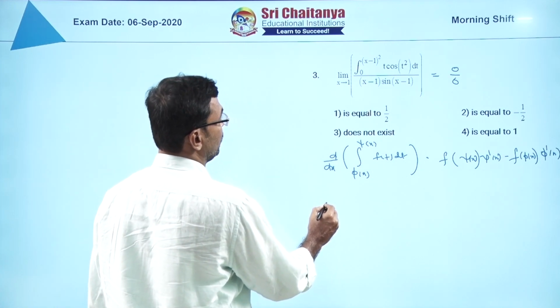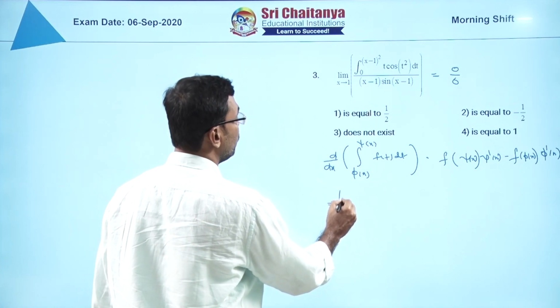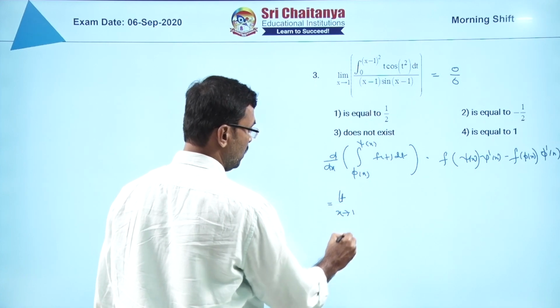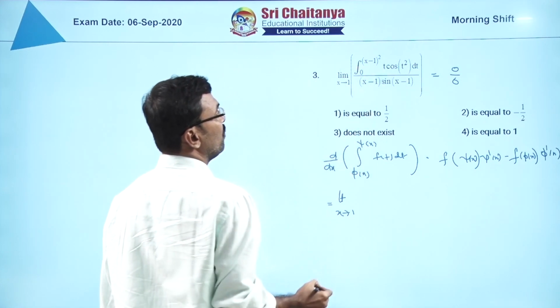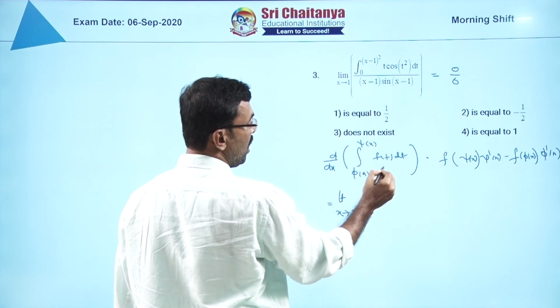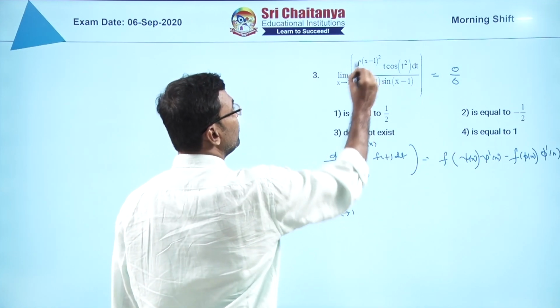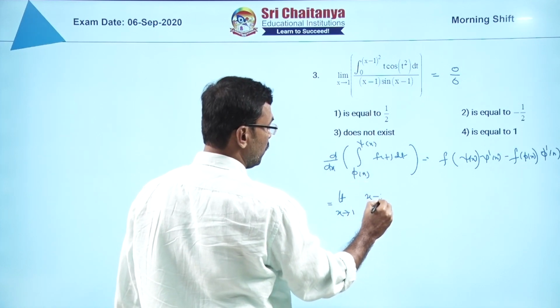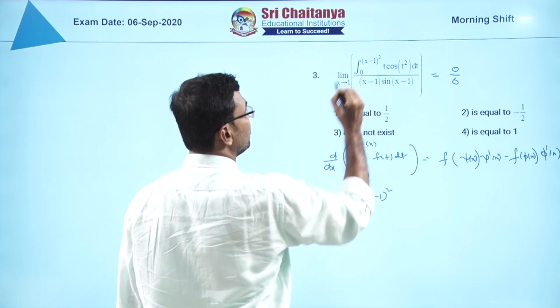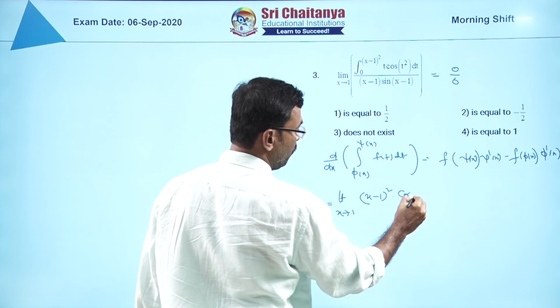So, the given limit is equal to limit x tends to 1, derivative of numerator after applying Newton's Leibniz formula, you will get x minus 1 whole square, because t is there, into cos of t square.